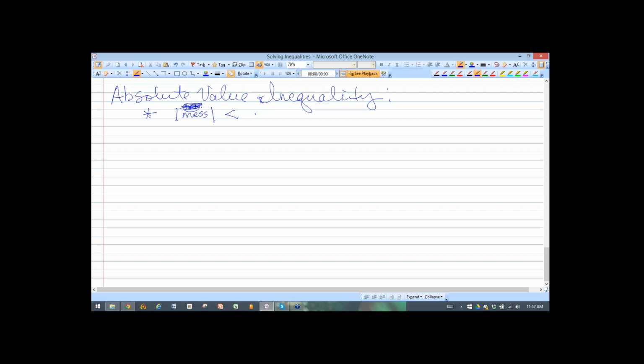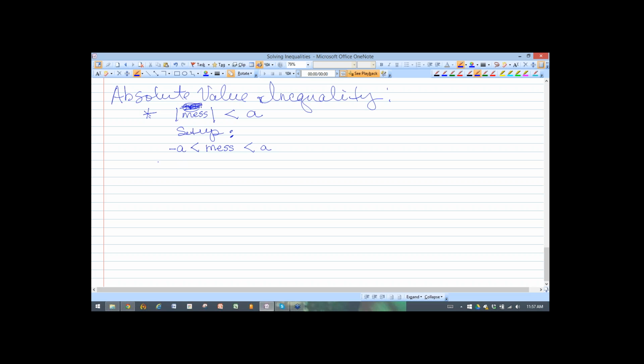If you have less than some number, if the absolute value is less than or equal to a, the setup is this: negative a is less than the mess, taken out of the absolute value symbol, which is less than a.